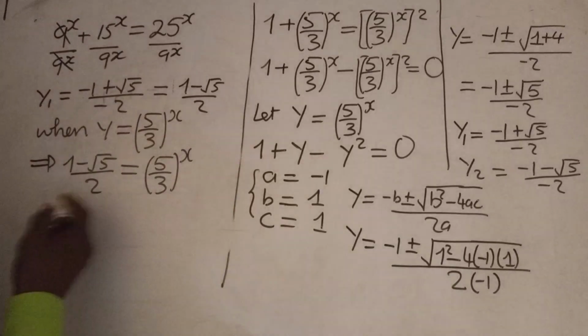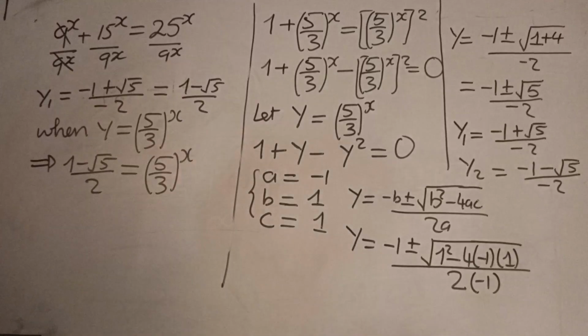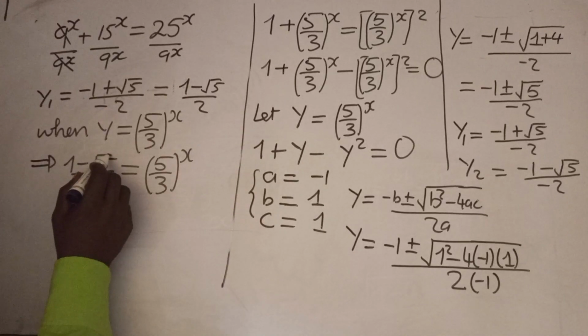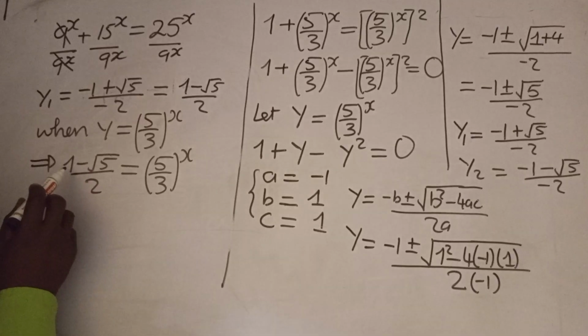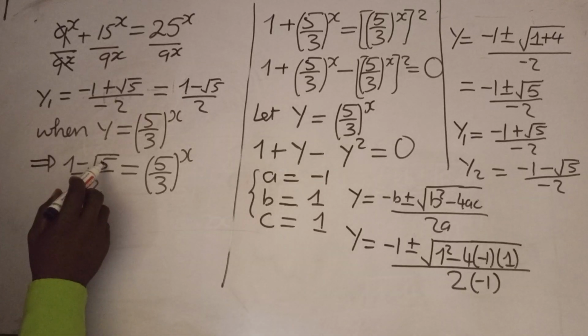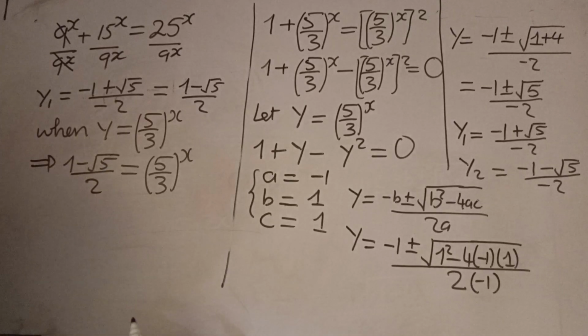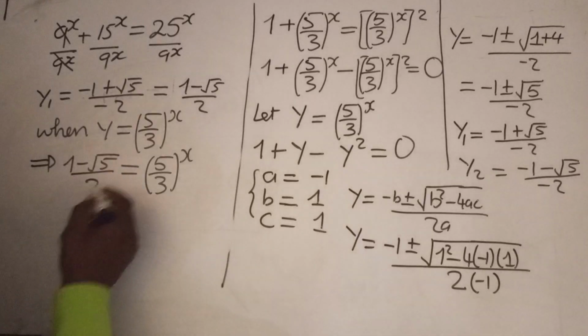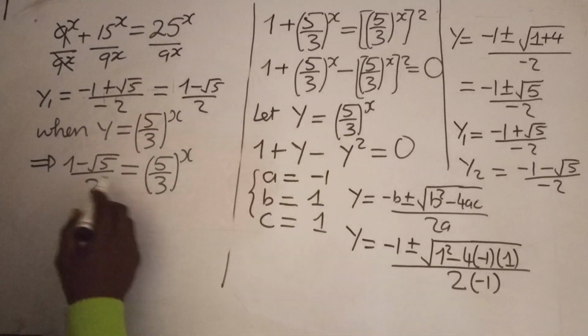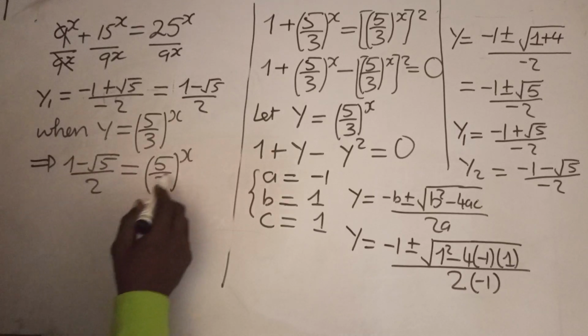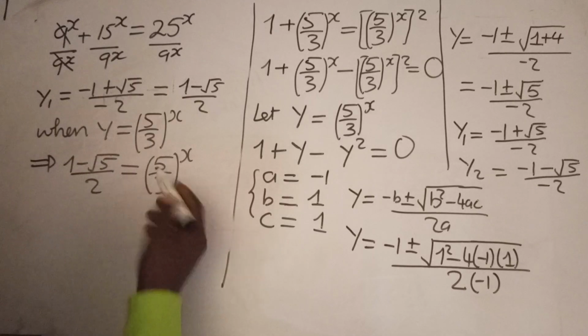Now, look at this carefully and see. Root 5 is a number bigger than 1. Therefore, 1 minus a bigger number will definitely be negative. All right, and so this expression on the left hand side is negative. How comes therefore that a negative value will be equated to a positive value?